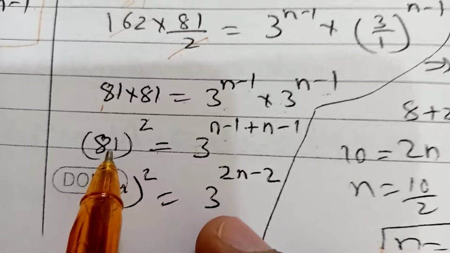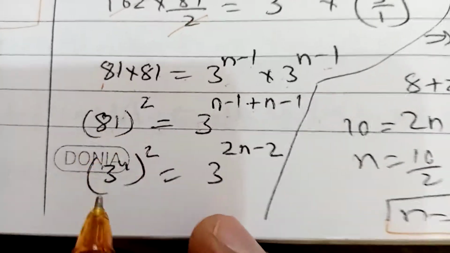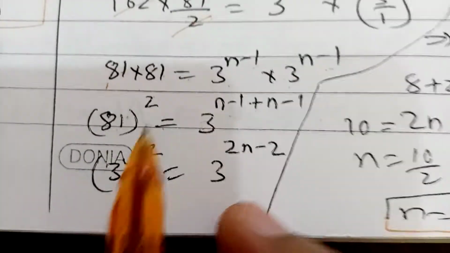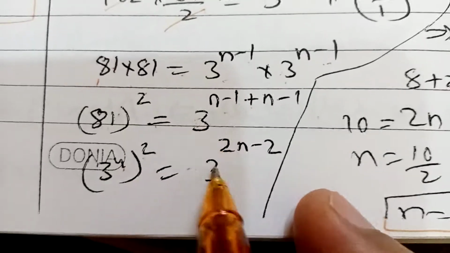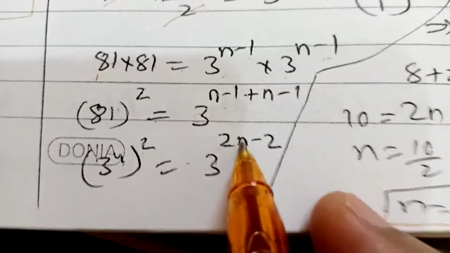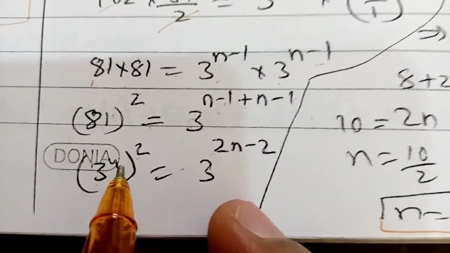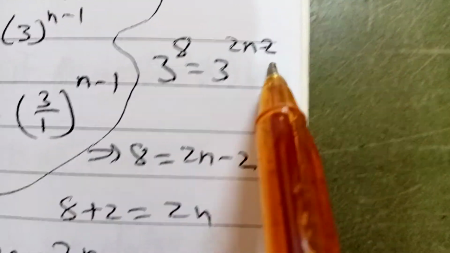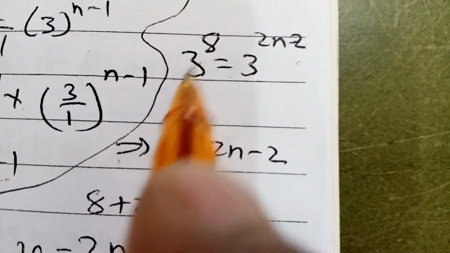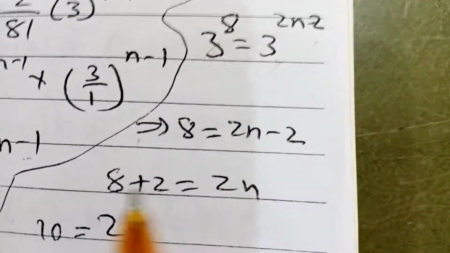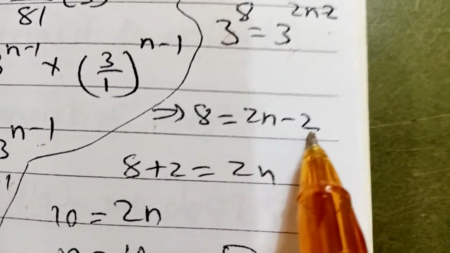So since 3 is there, 81 I can write as 3 to the power of 4, to the power of 2, is equal to 3 to the power of n plus n, 2n, minus 1 minus 1, minus 2. So 2 4s are 8 is equal to 3 to the power of 2n minus 2, which implies 3 cancels. 8 is equal to 2n minus 2.